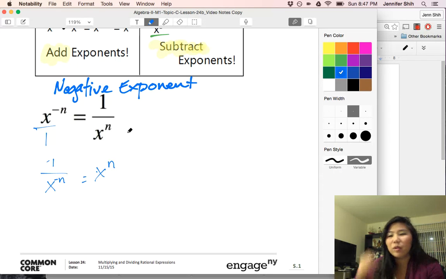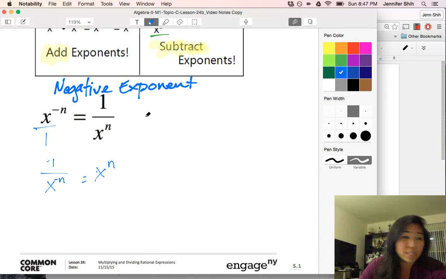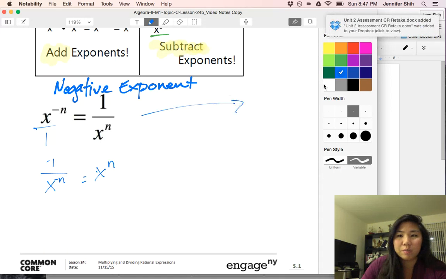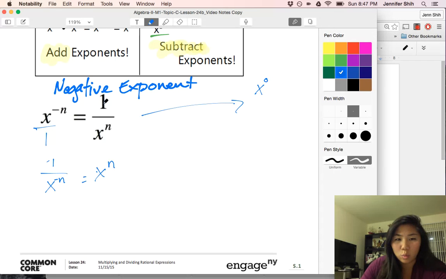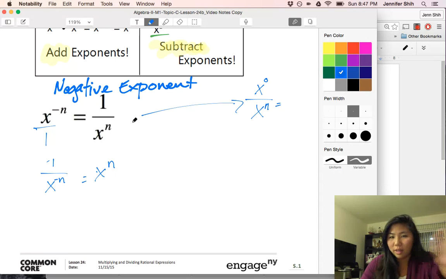And if you can't ever remember why it is, as a side note, I want you to think about x to the 0 power. 1 is x to the 0 power; 1 is anything to the 0 power. But in this case, let's use x to the 0 power over x to the n power. So x to the 0 power would be our 1 right here, and then x to the n is our x to the n.